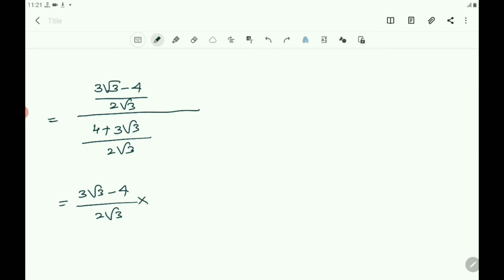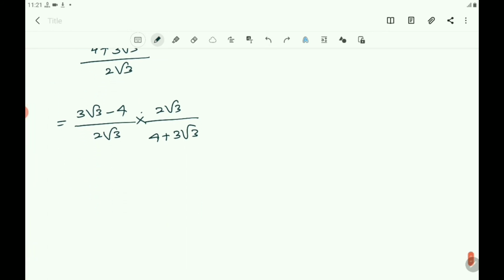So the reciprocal becomes 2 root 3 by 4 plus 3 root 3, the reciprocal of the complete denominator.